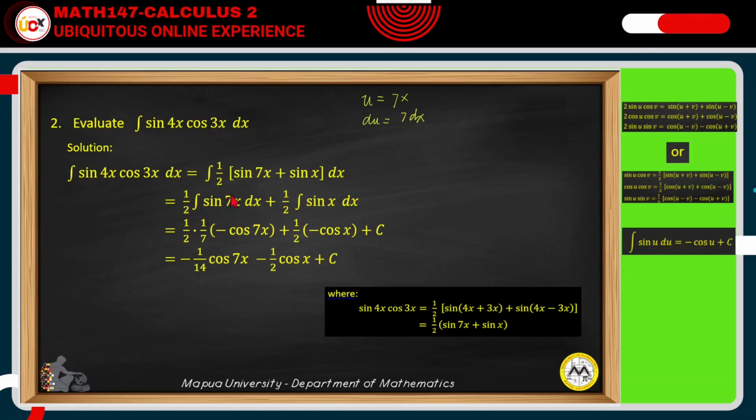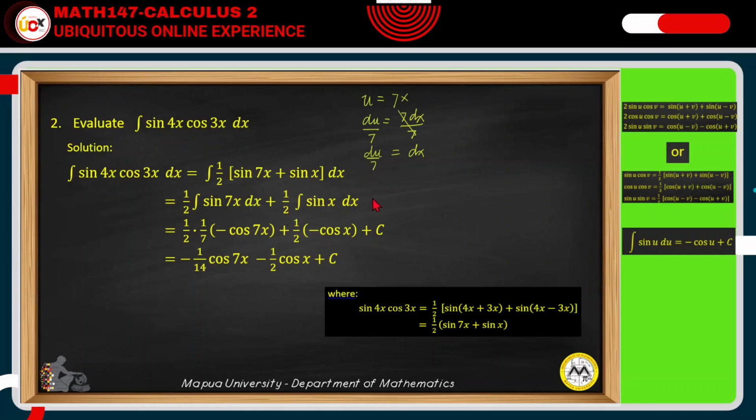Then by substitution, you can write this as 7 times sine of u times dx, where dx can be solved by dividing both sides by 7. So you cancel this out. Therefore, dx is du over 7.